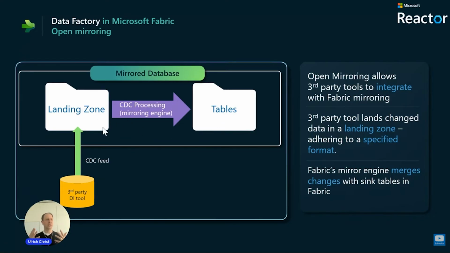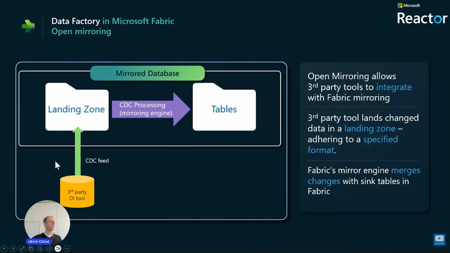When you listen to what I just described from a process perspective, a main difference from a user experience perspective is that this is kind of a split thing, right? You configure the replication in the third-party tool. It's not out of the box in Fabric, as you just saw in the demo. Open mirroring is a two-step process where two tools are involved.